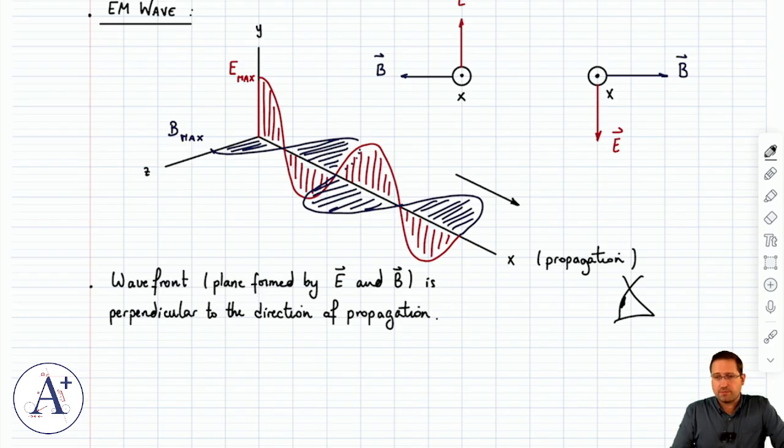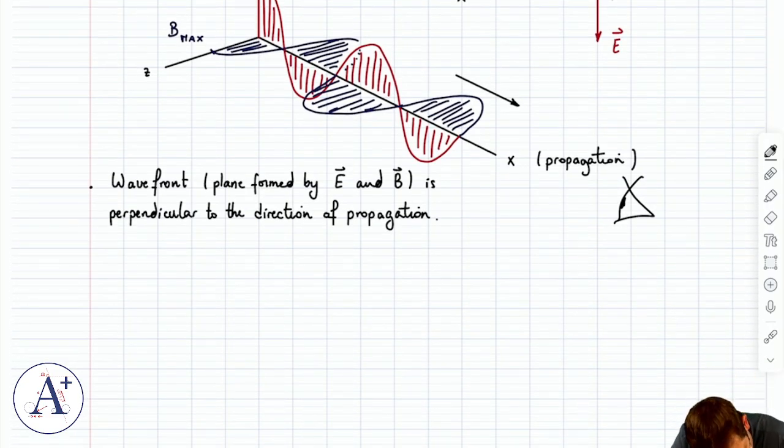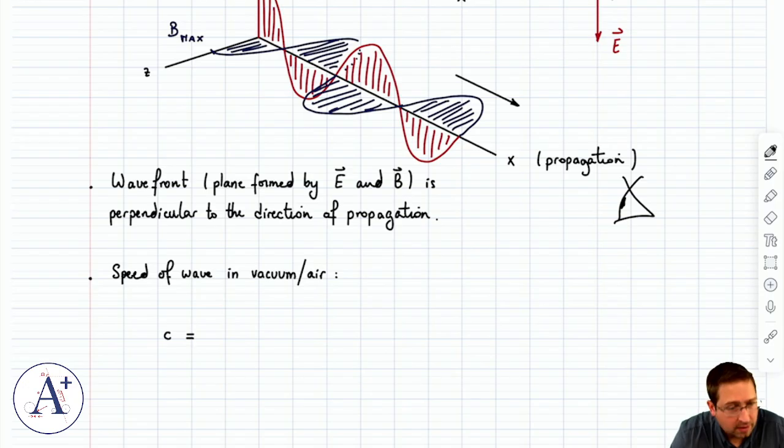Well, that depends on the medium through which the wave propagates. But if we assume that the propagation occurs in air, then the speed of the wave in either a vacuum or in air is going to be the speed of light, which we denote by c, and which is equal to 1 over square root of mu naught epsilon naught.